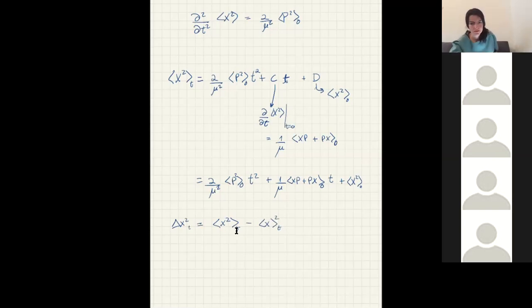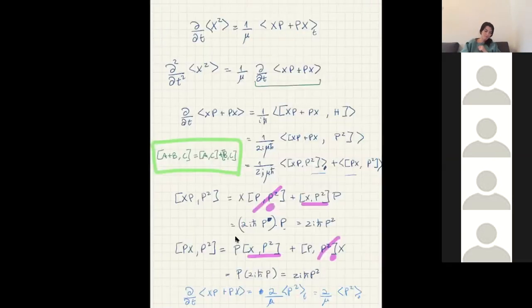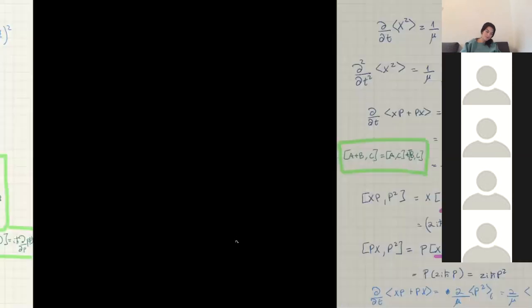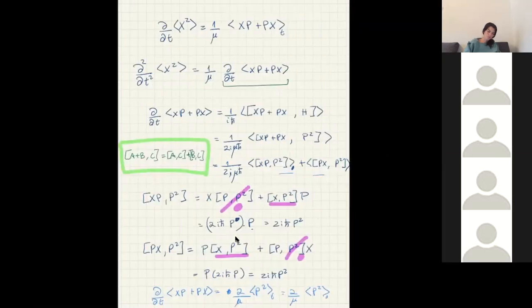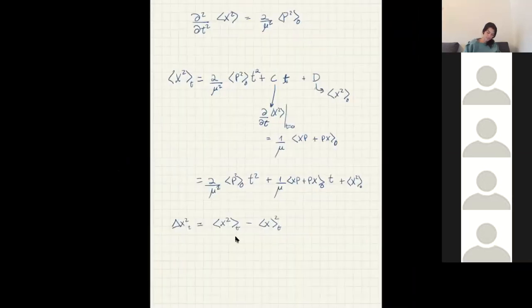And now it's time to go and pick up again this thing here. Okay, so let's pick it up. Copy, paste. So that's what this is.